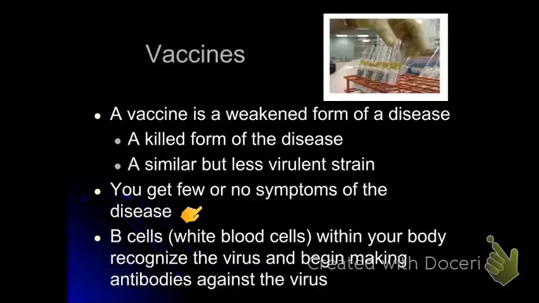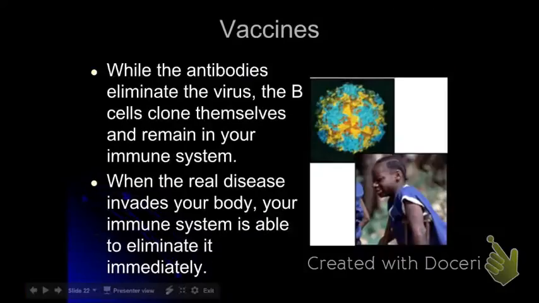For me, when I get the flu shot, I sometimes feel like I get flu-like symptoms, but basically what's happening is that's my immune system, my B cells or my white blood cells, recognizing that virus from the vaccine and starting to make antibodies against it. So I maybe just have a slightly more sensitive immune response to that vaccine. But it means it's working, which is great.